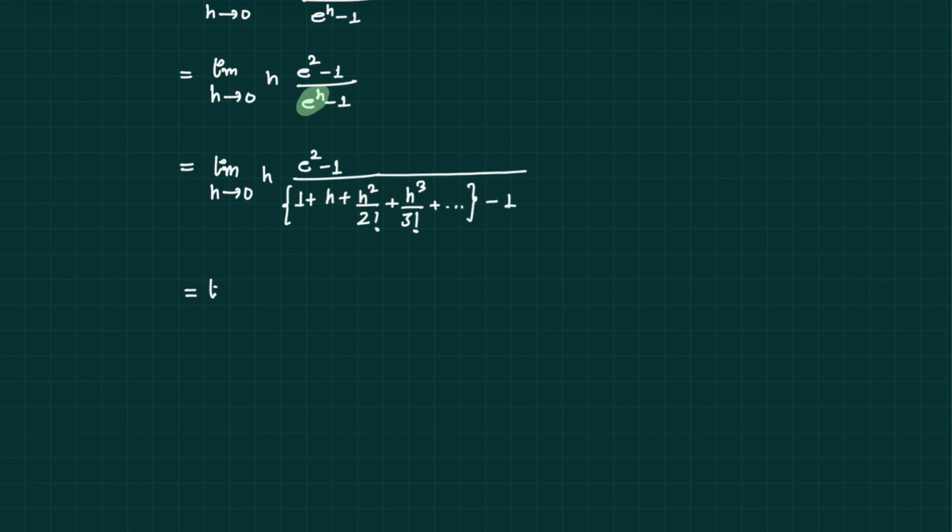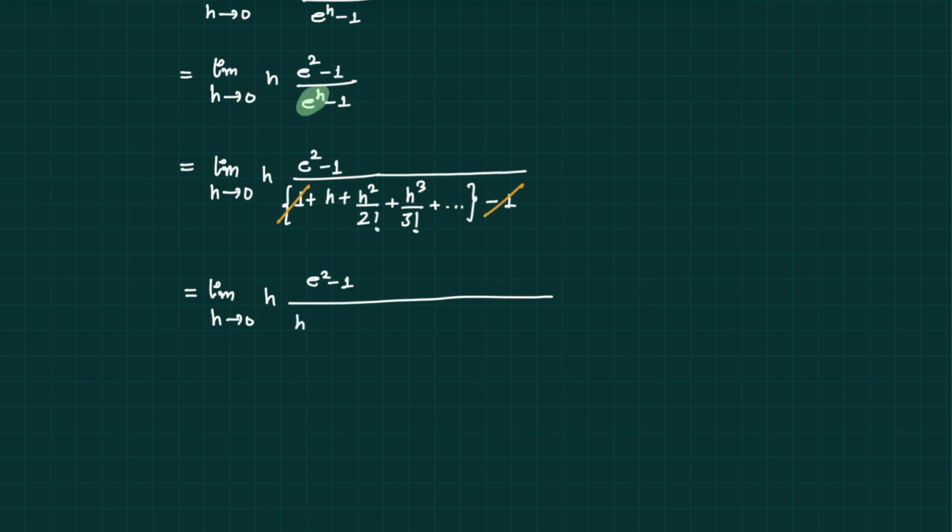Now if you see, we can cancel this plus 1 and minus 1 in the denominator, and let us take out h common from each and every term.